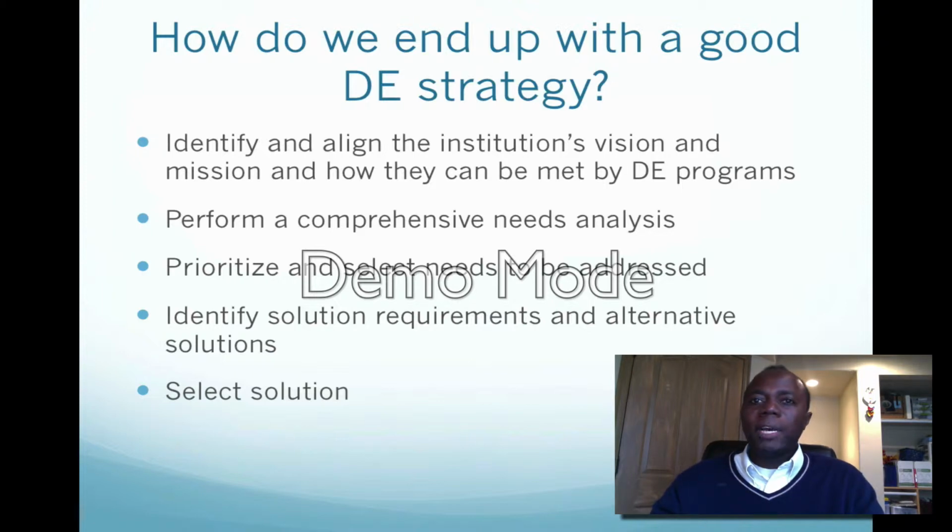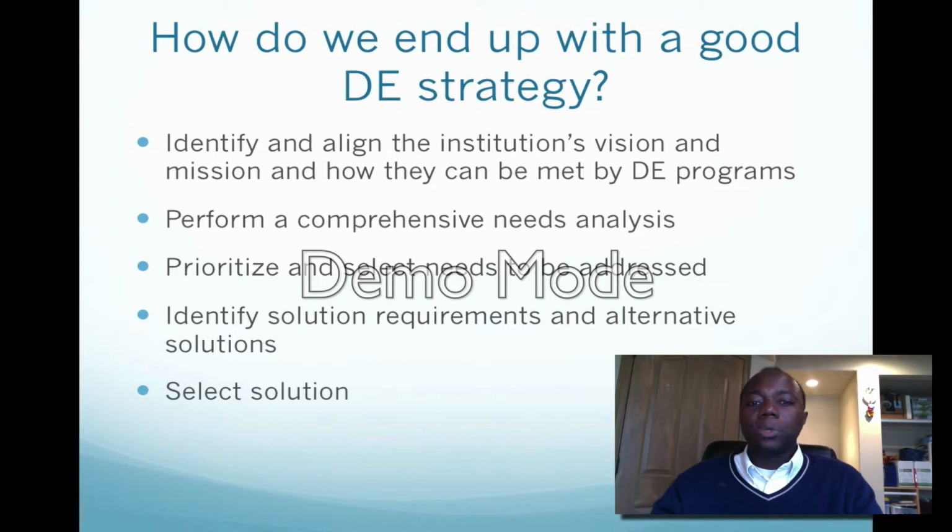So how do we end up with a good distance education strategy? One, identify and align the institution's vision and mission and how they can be met by distance education programs. Two, perform a comprehensive needs analysis. Three, prioritize and select needs to be addressed.